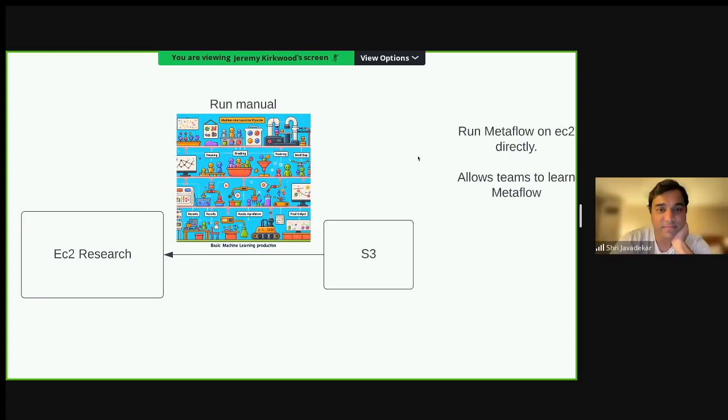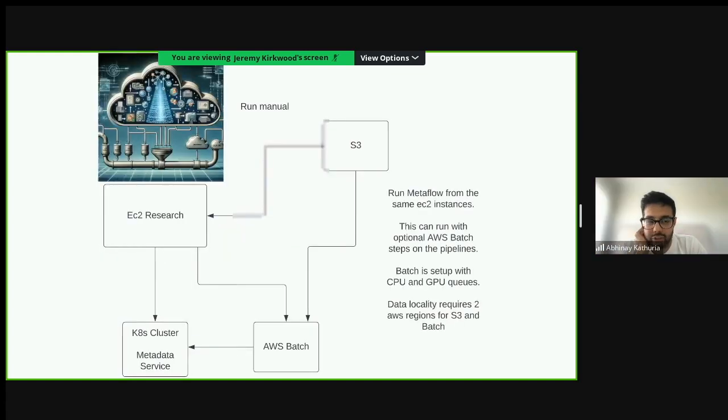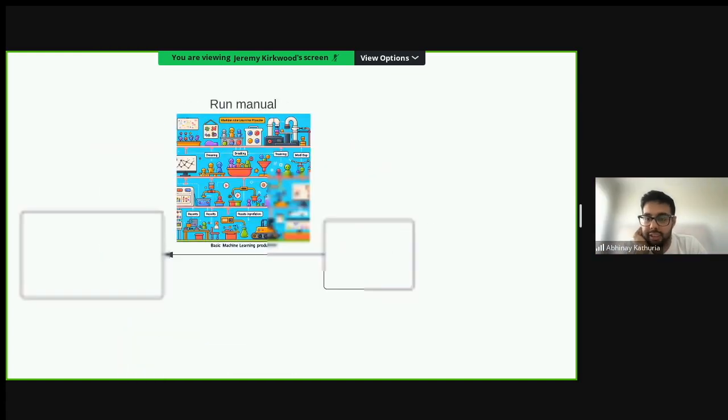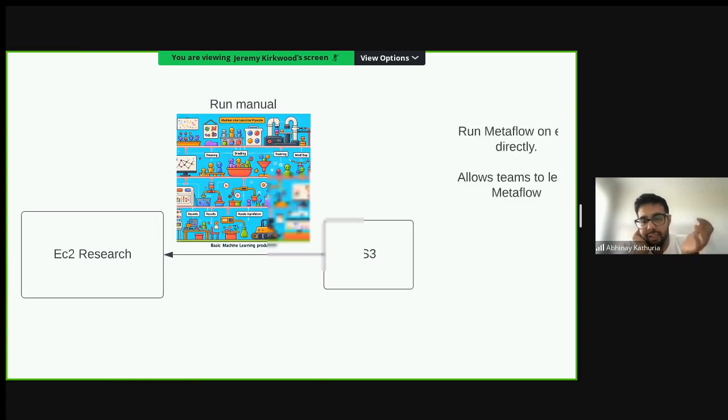I think just quickly to add on to that as well, these research instances are not just plain EC2 machines either. We basically use Service Catalog in AWS. So you have templates with S3, CUDA versions, everything pre-installed. All you need essentially is a click of a button.